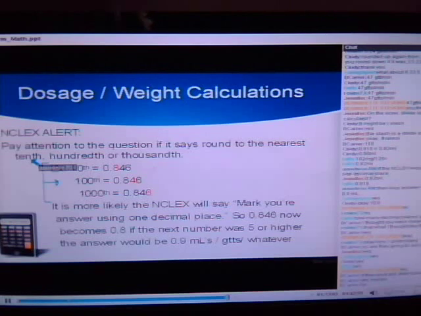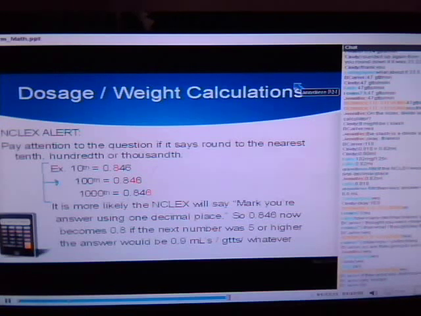Alright, here's another NCLEX alert. When adding up fluid shift intake, don't forget the IV. Often people forget, even though it's a relatively simple question.